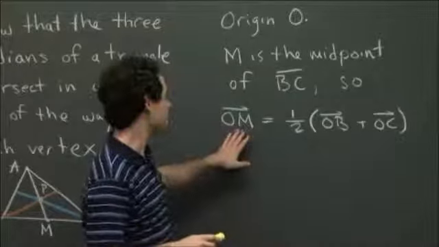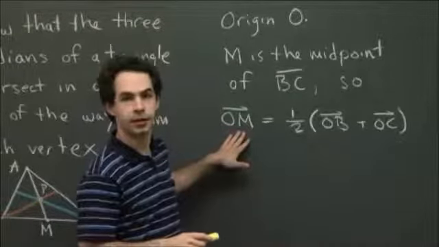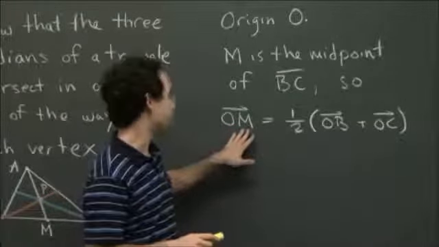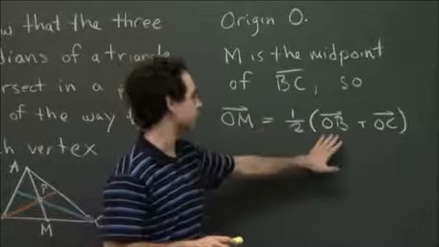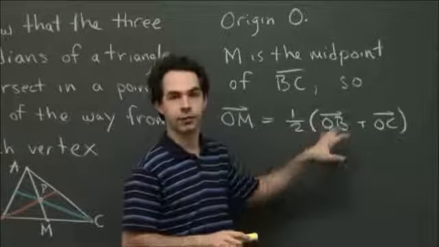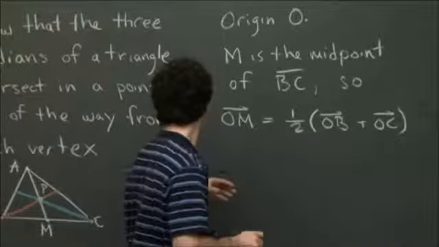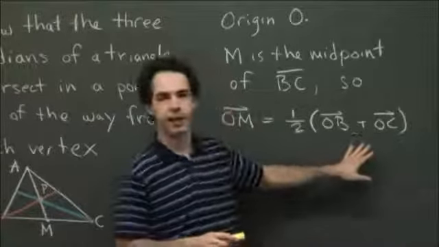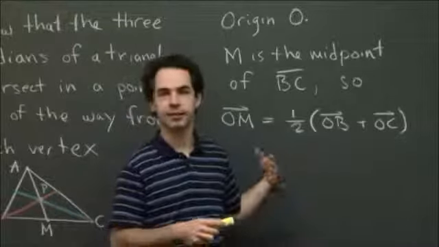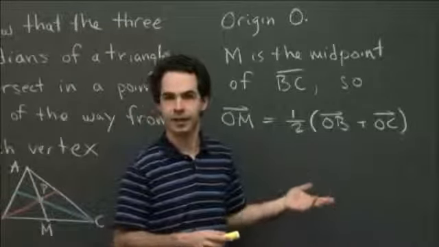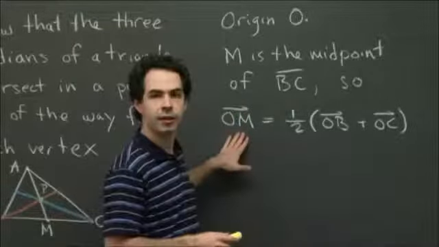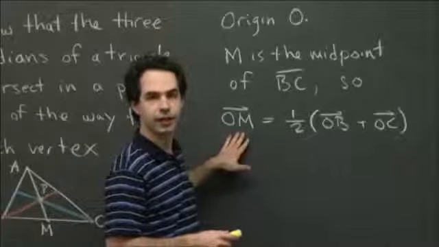So it's easy to express the position vector of the midpoint of a segment in terms of the position vectors of the endpoints. You just add the position vectors of the endpoints and divide by 2. If you like, this is equivalent to the geometric fact that the diagonals of a parallelogram bisect each other. So that's the position vector of M.